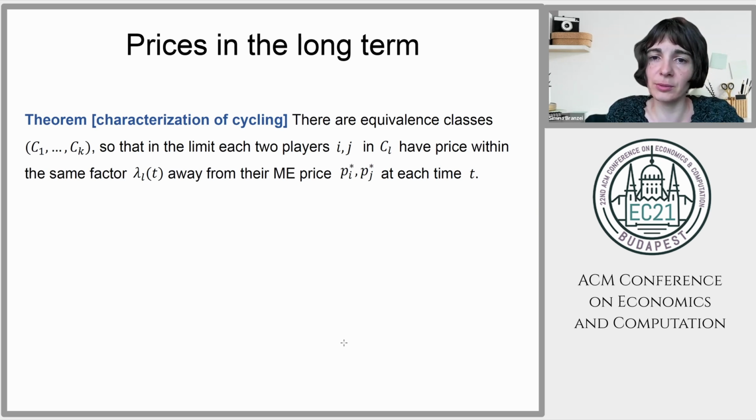So basically there will be equivalence classes C1 to Ck for some integer k less than n, so that in the limit, each two players i, j that are in the same group Cl have prices within the same factor lambda_l(t) away from their market equilibrium prices p_i* and p_j* at each time t.